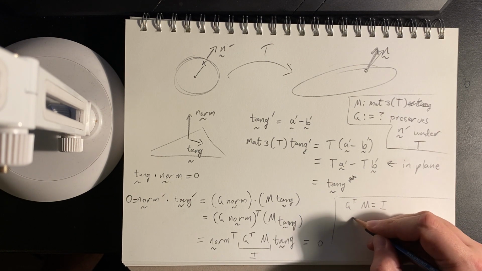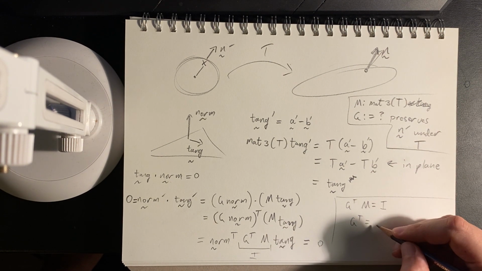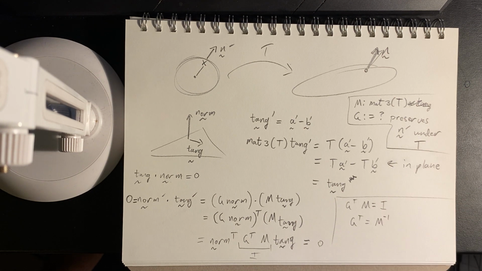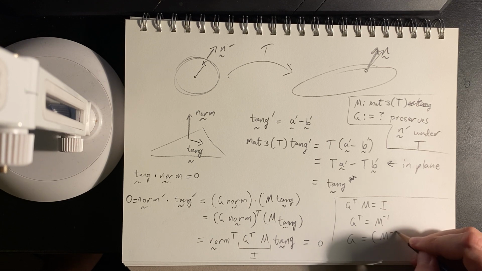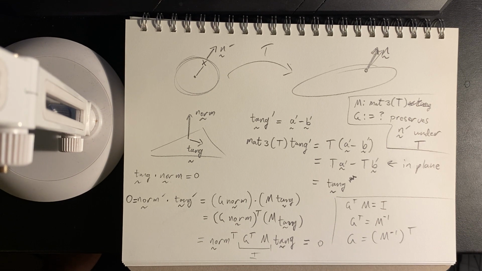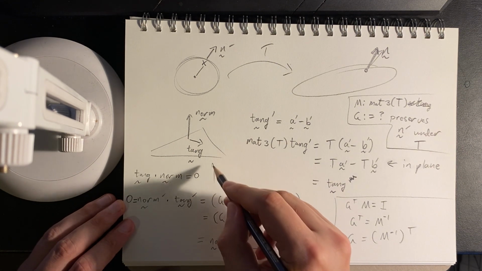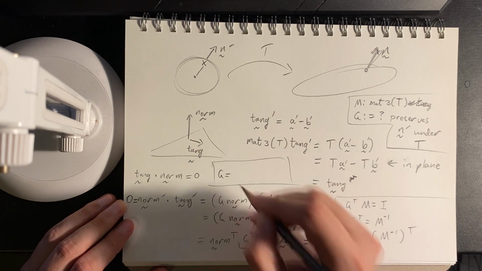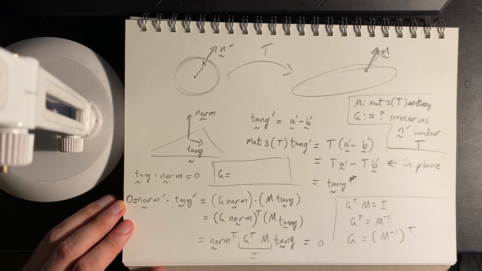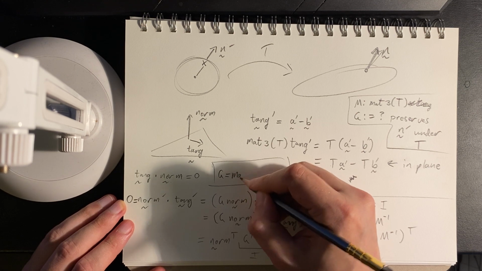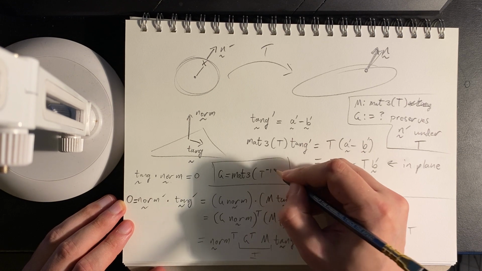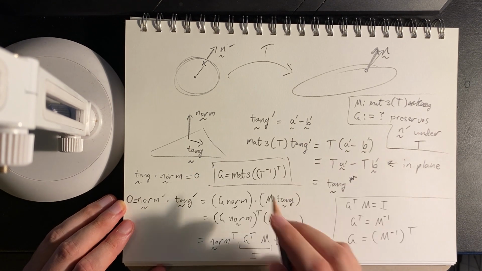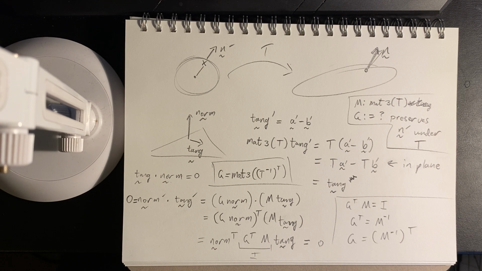So then we get G transpose has to be the inverse of M, and then G, no problem. We take the transpose of the inverse, and let me give myself a bit of space here. If we plug back in for what we know about the inverse, we essentially get that we take T inverse, transpose that, and then cast it to a mat 3. And that is what we're after.